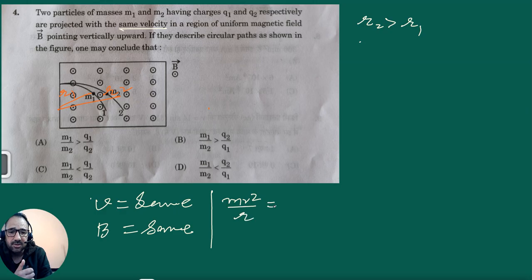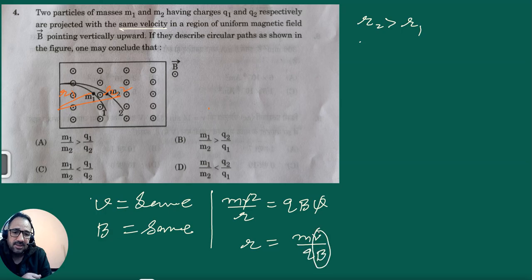Centripetal force is provided by the magnetic force, BQV. When we cancel out, you can calculate R from here. R is MV upon QB. These two factors are the same. That's why I can directly write radius is directly proportional to M upon Q.